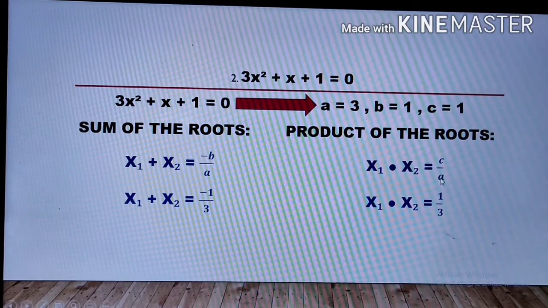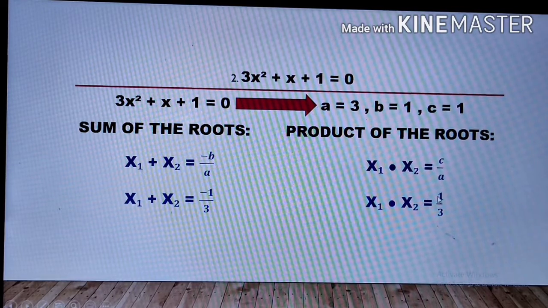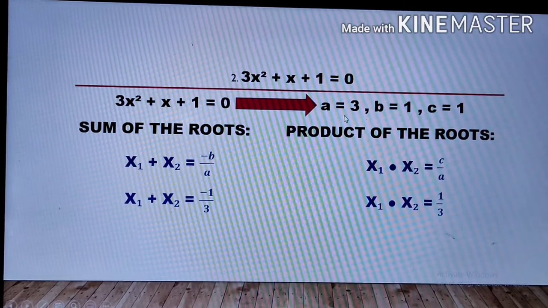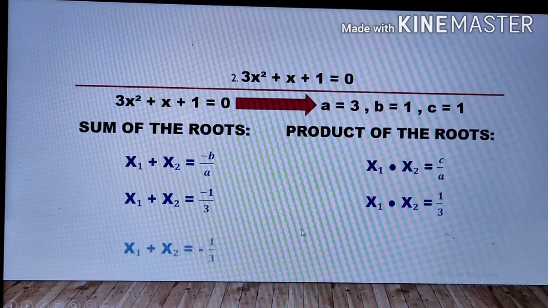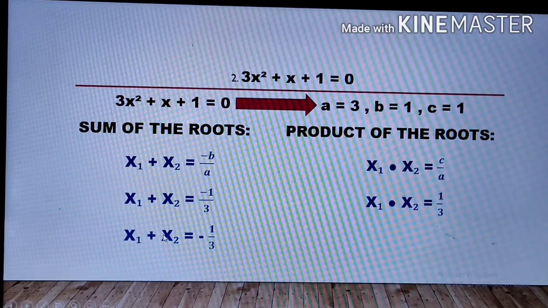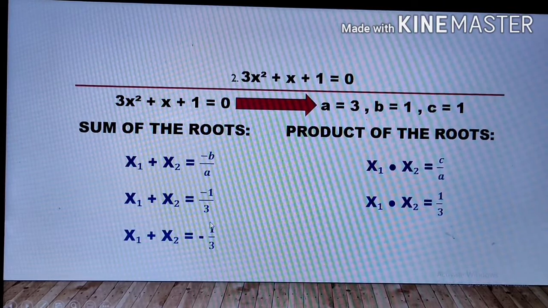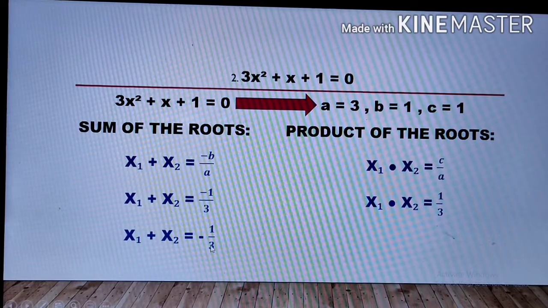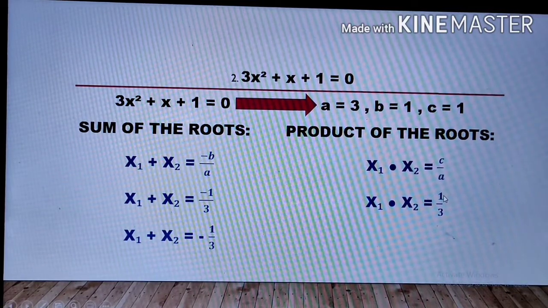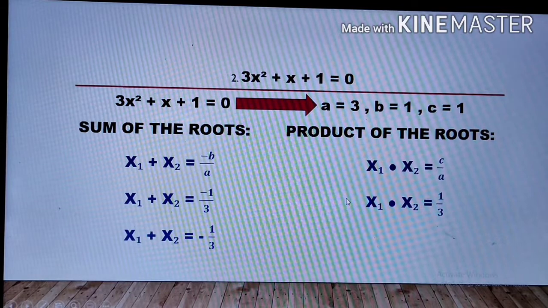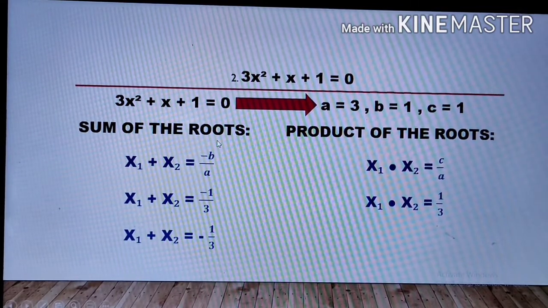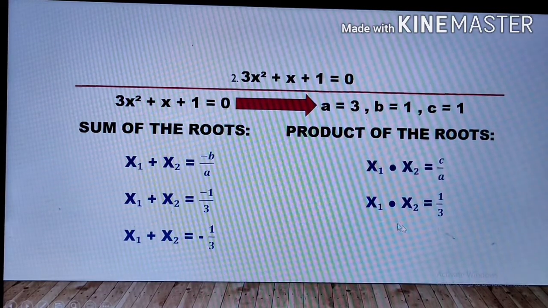Then ito naman, x sub 1 times x sub 2, the value of c is 1. Then the value of a is 3. So the answer, x sub 1 plus x sub 2 is equal to negative 1 over 3. Negative 1 divided by 3 is equal to negative 1/3. Then ito naman is 1/3 rin. So, yung sign lang nila yung nagkaiba. So, the sum of the roots of the quadratic equation is negative 1/3 and the product is positive 1/3.